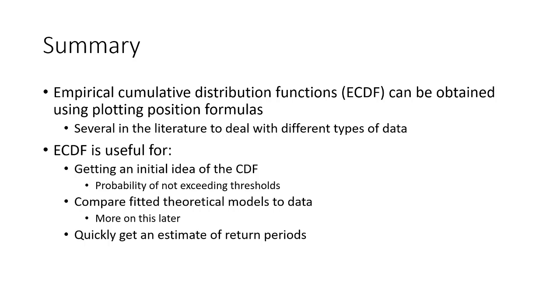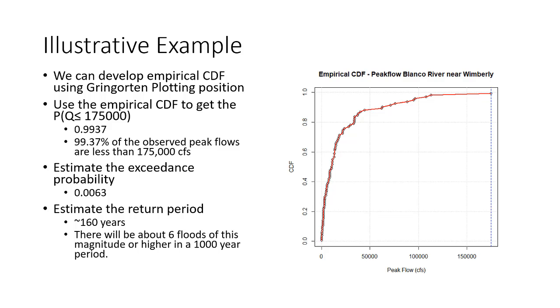What's the probability of flow being less than some number? Let's say I take the flow being less than 50,000. I simply go up the chart and then go here and say, okay, that's about 0.85 or 0.87 is the probability. There's an 80% chance that the flow in Blanco River is going to be less than 50,000 CFS.